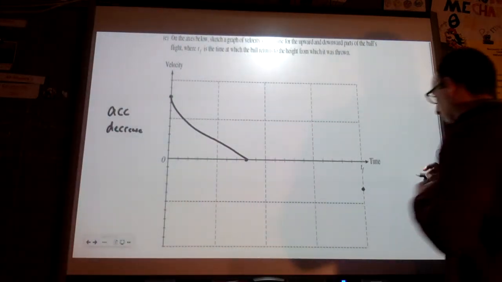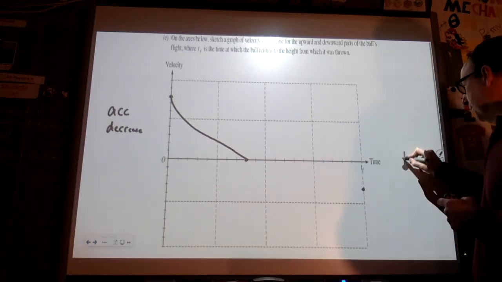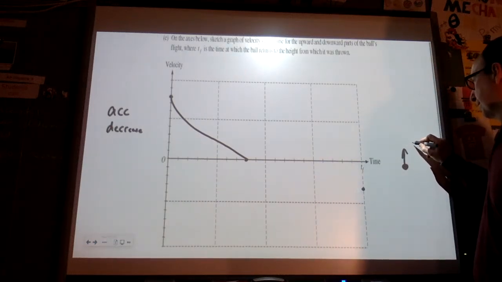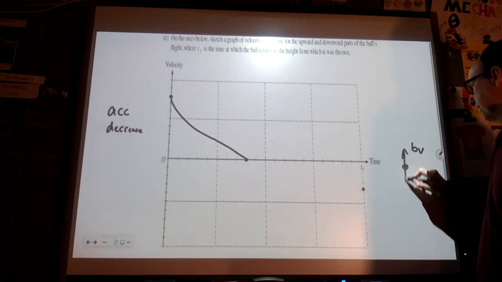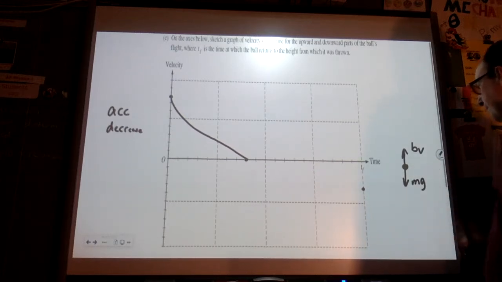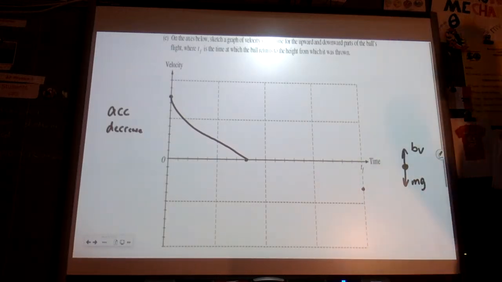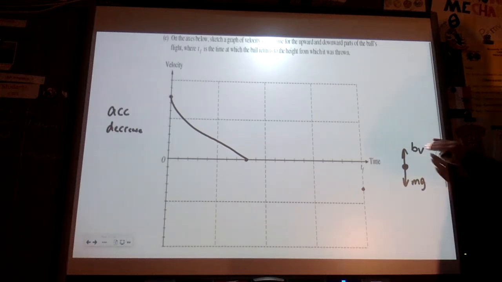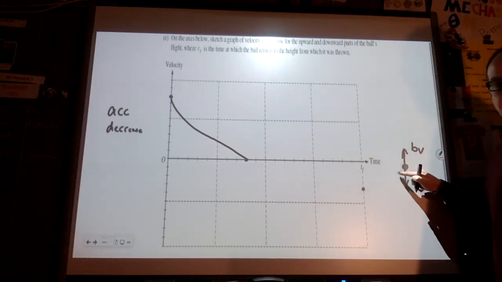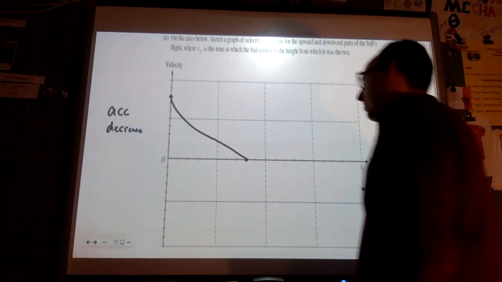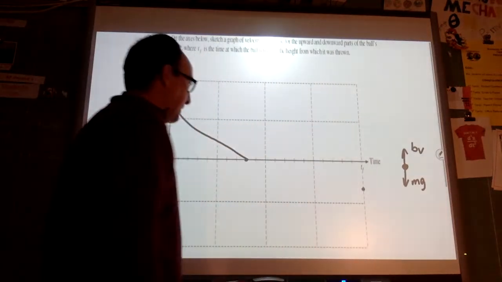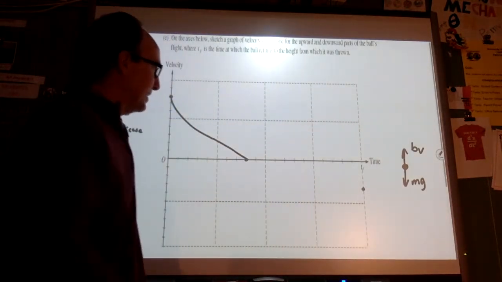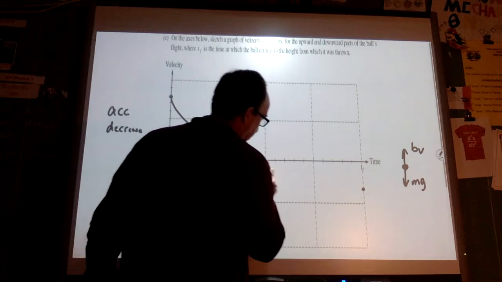Then, on the way back down, our acceleration, because the velocity is going to be 0 to start with, is going to start at g, and then as it gets faster, our acceleration again is going to decrease. So I need to start with a steep curve and go to a less steep curve on this side too.